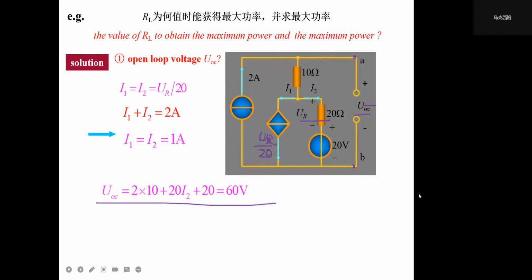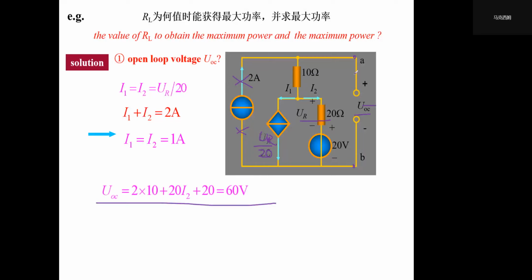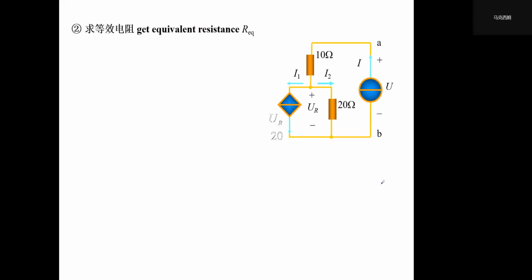See that this time we open circuit this branch, because it's a current source, right? So that branch is gone, and we just put a voltage source here.